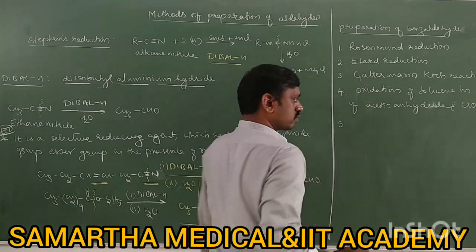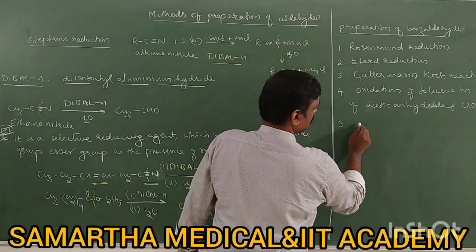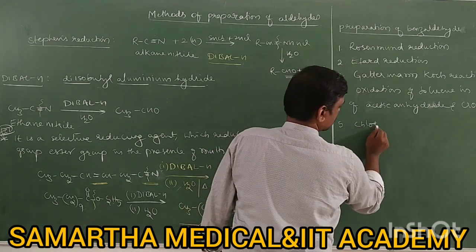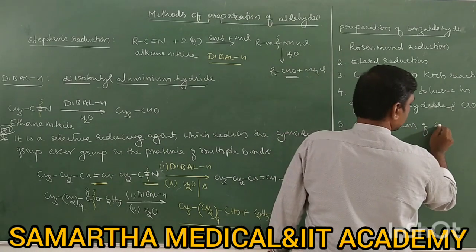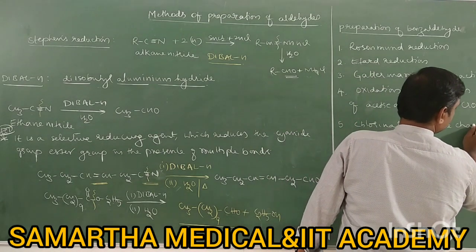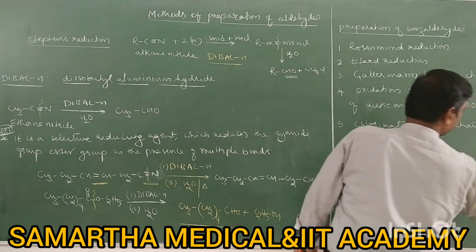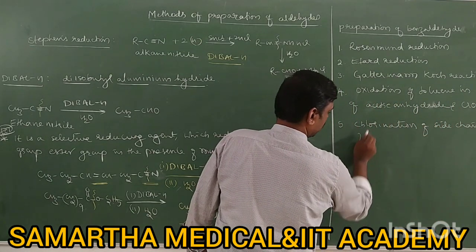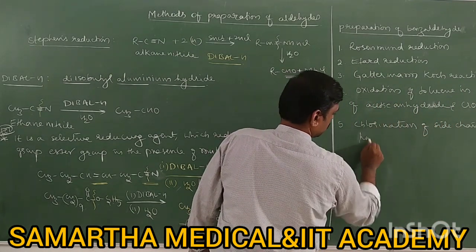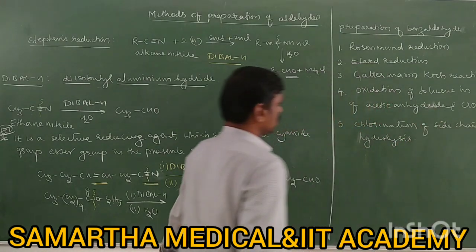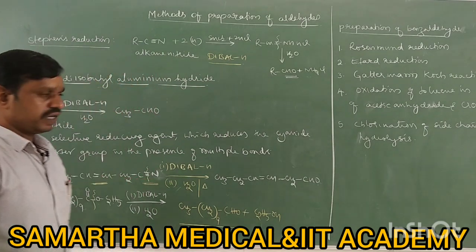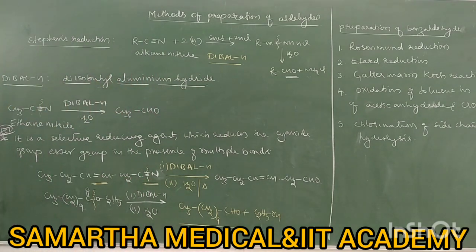5th one, chlorination of the side chain and hydrolysis. So these are the methods of preparation of benzaldehyde we have in our syllabus. Let's study one by one in detail.